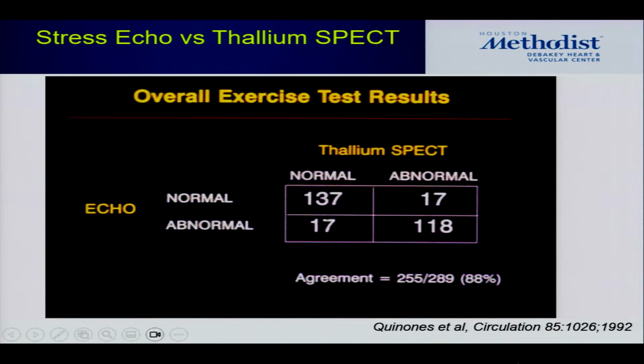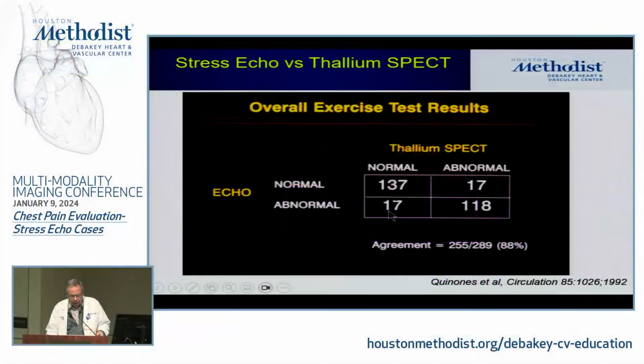And we ended up with an 88% agreement between the two techniques. And importantly, most of the disagreements were the type where the technique was picking something that the other one missed, because we had coronary angiography in the majority of patients. So actually, in this particular study, there was no real preference of one over the other.